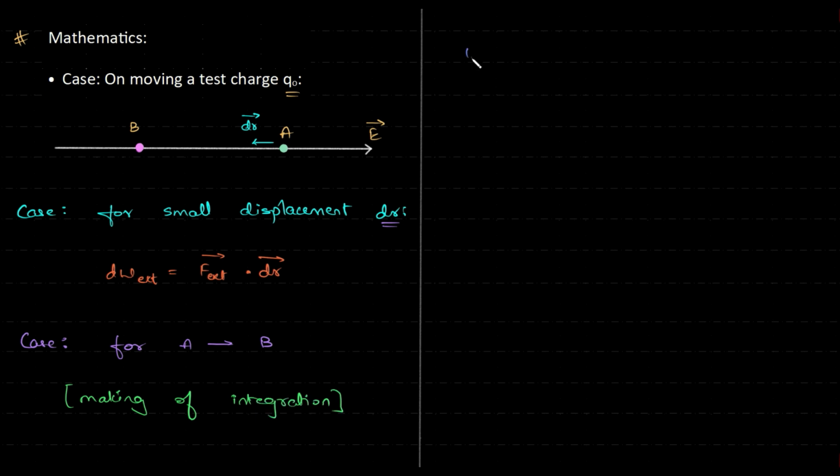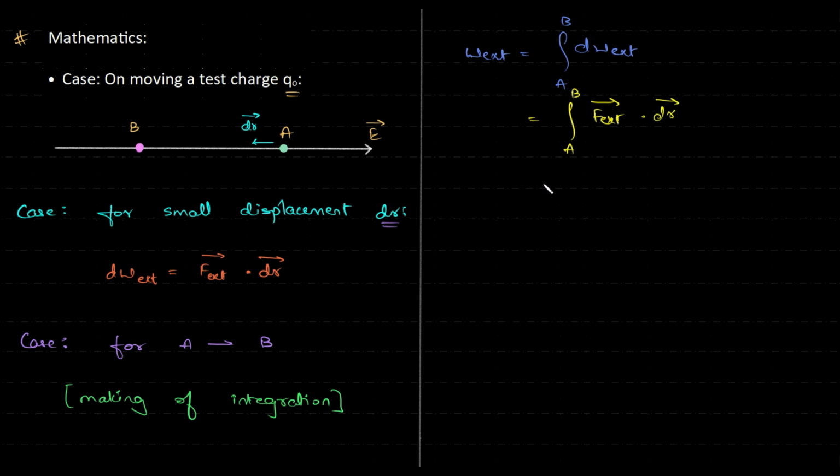So the total external work that we do will be an integration of the work that we do along the way from point A to B. We need to add them up. So basically, it will be an integration of force external dot product dr.